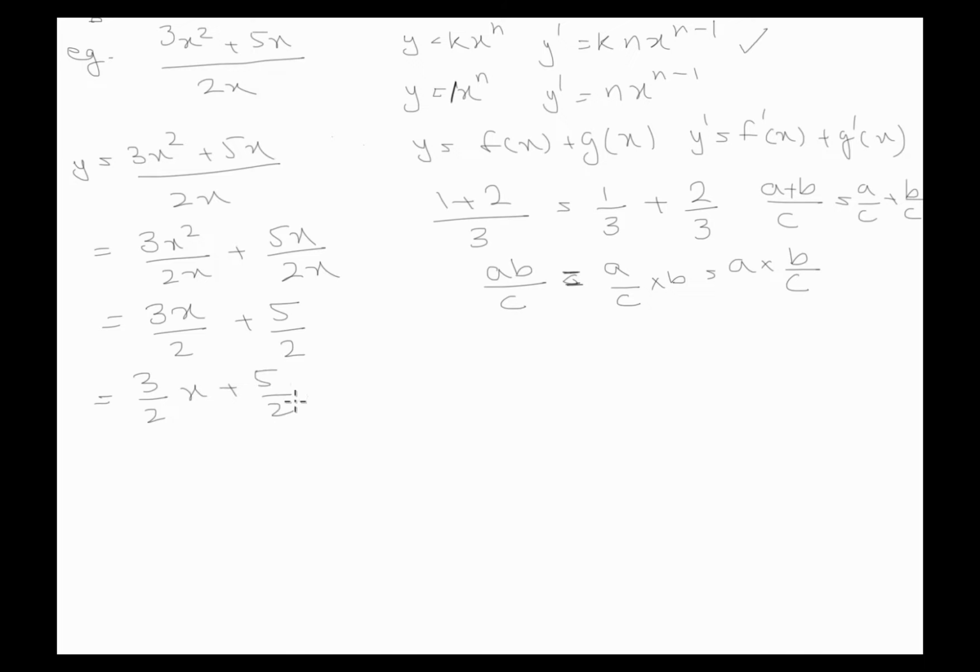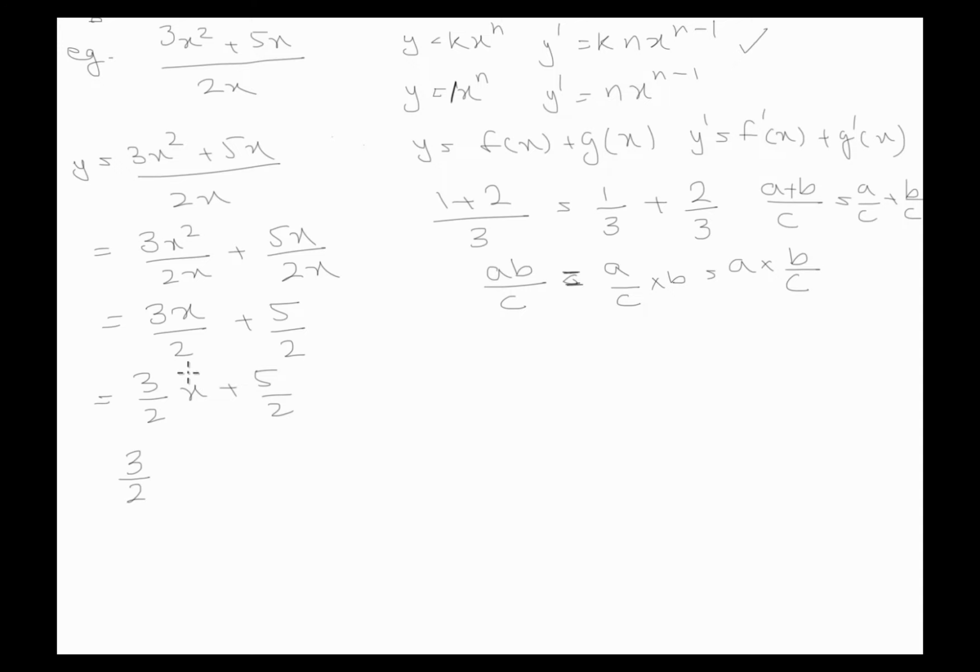All right, now this is just a simple equation. So I can think of this formula. Now again, n instead of being 2 or 3, it's just 1. So I just write down my coefficient, I multiply it by 1, bring down my power reduced by 1.